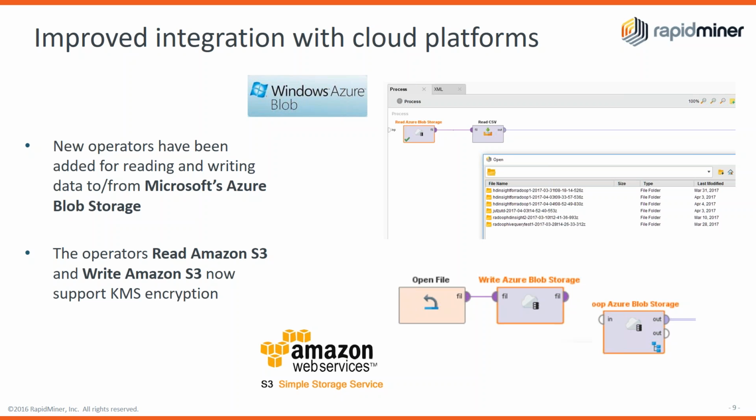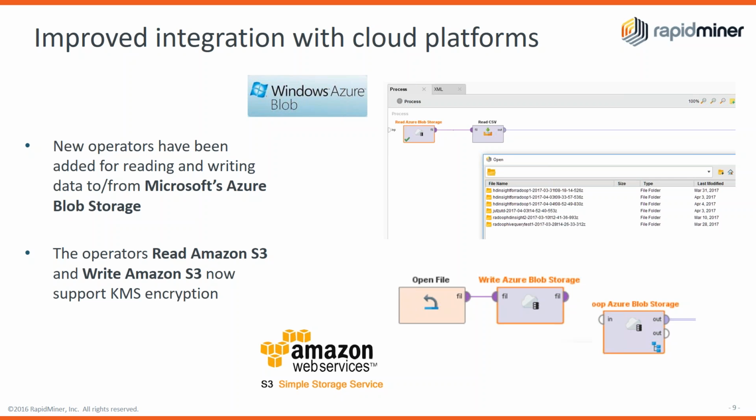Now you can read, write, and also loop files stored in Amazon S3, and we have also added support for Azure Blob, which is the equivalent on Microsoft's platform. In general, both in S3 and Blob, you can store any kind of file, images, data files, whatever. In our case, it's obviously mostly directed to data files, CSV files, and the like.